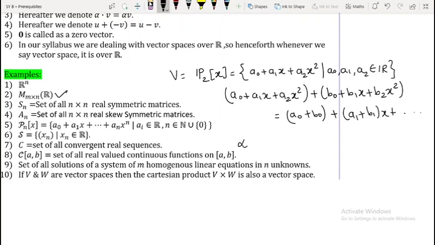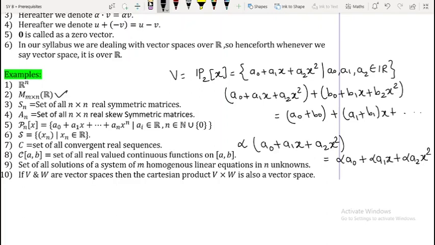What about scalar multiplication? Definitely we will need a scalar. So alpha multiplied by a0 plus a1x plus a2x square is equal to alpha a0 plus alpha a1 x plus alpha a2 x square.